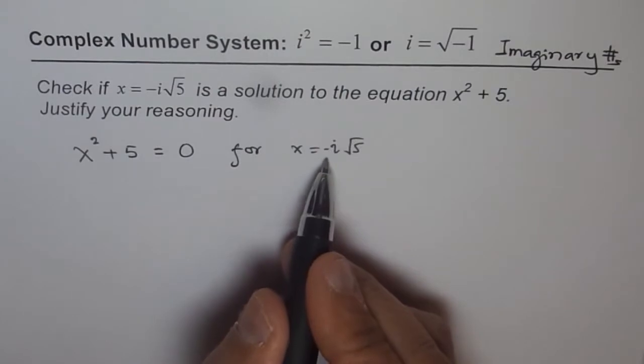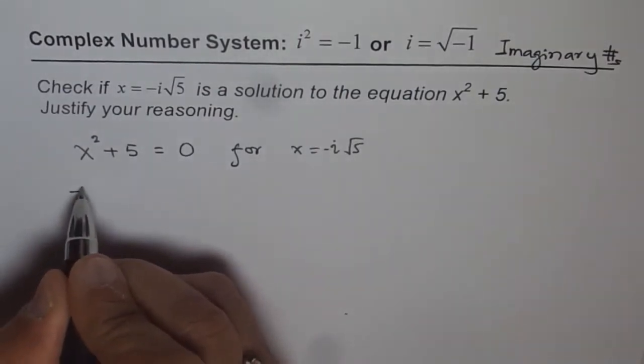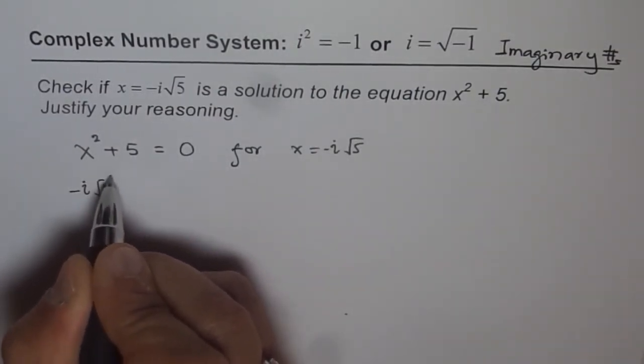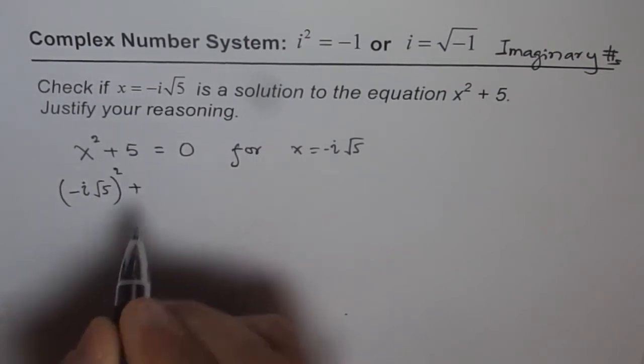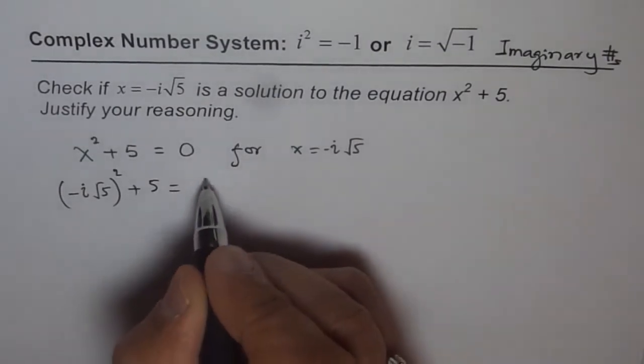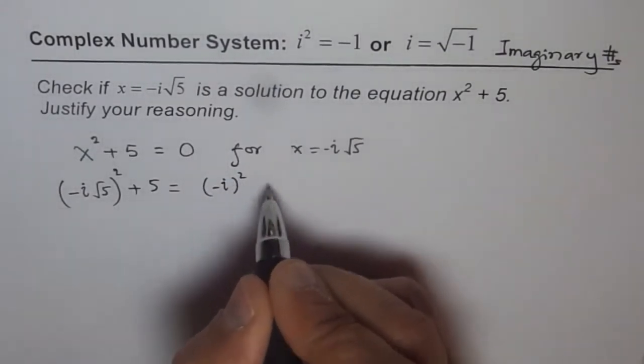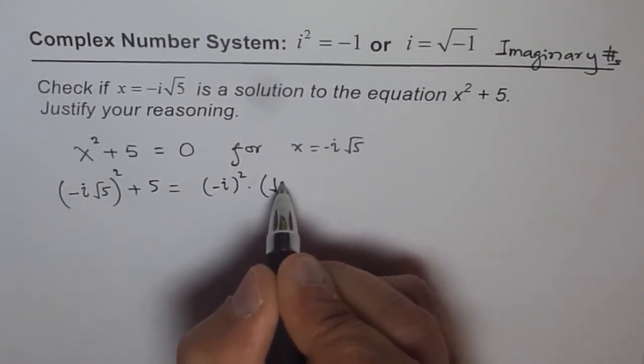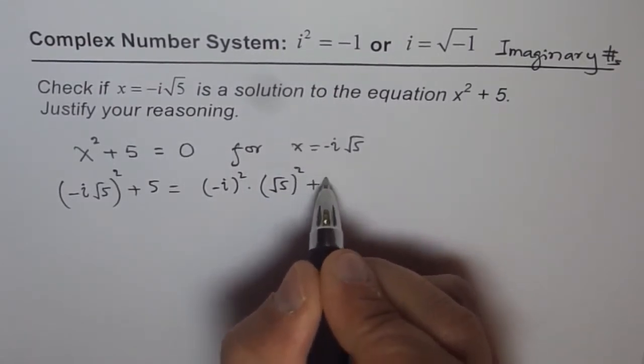So x is -i square root 5. So I'll write (-i square root 5) and then square it, right? Plus 5. So what is this equal to? So this is equal to (-i) squared times (square root 5) squared plus 5, correct?